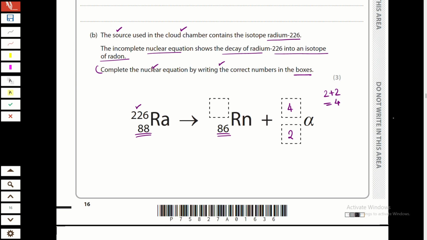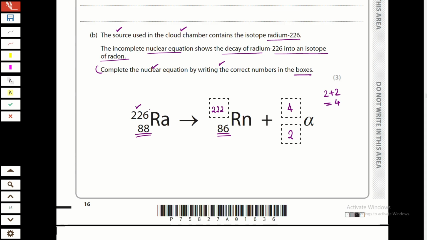Now, we have to know another particular fact in order to solve a nuclear equation: the mass number on the left hand side must equal the mass number on the right hand side. The proton number on the left hand side must equal the number of protons on the right hand side. The number of protons has matched on both sides of this nuclear equation, but in order to balance the mass number, we will have to write 222 over here, because 222 plus 4 equals 226.